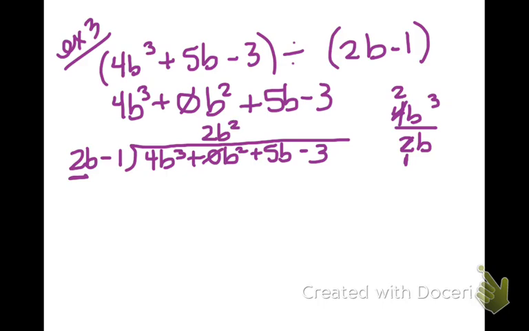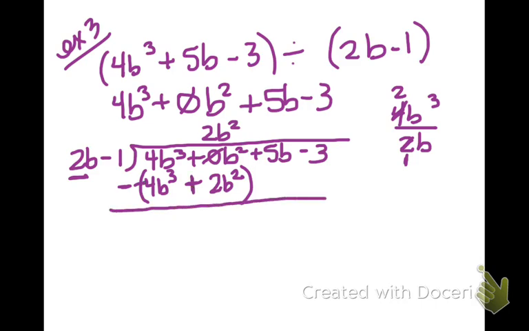So 2b squared is the first term. 2b squared times the negative 1 would be negative 2b squared, and I'll put it under the like term. 2b squared times 2b is going to be 4b cubed. And remember, I'm subtracting that, so that makes a negative 4b cubed and a positive 2b squared.